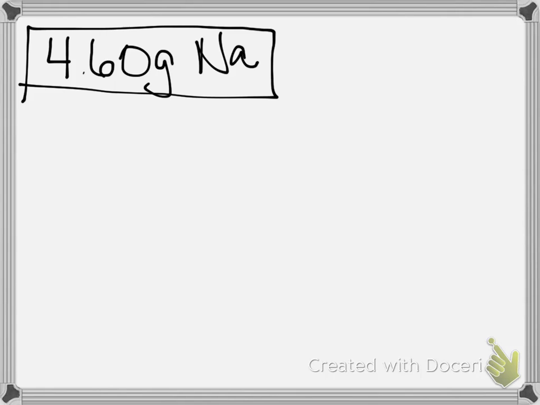So 4.60 grams is the value that I'm going to end up multiplying my ratio by. So I need to figure out which would be defined as my known, which is defined as my unknown. Well, they're both the same. The sodium peroxide is my unknown. Okay, because I'm not given a defined value for what's formed, my sodium peroxide is my unknown.